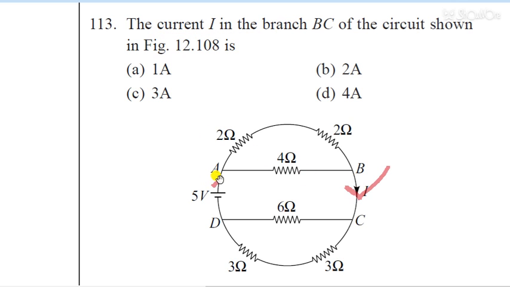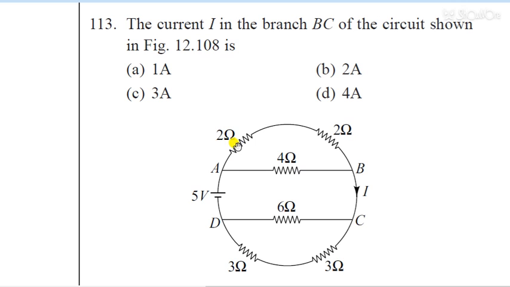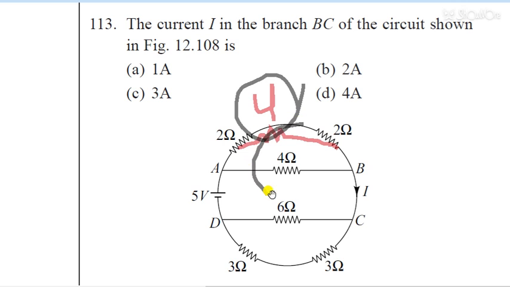So let's suppose current I is coming from the battery. Now this is 4 ohm, and these two resistances are also in series. So I will get a resistance here of 4 ohm. Now this 4 and this 4 will be in parallel combination.